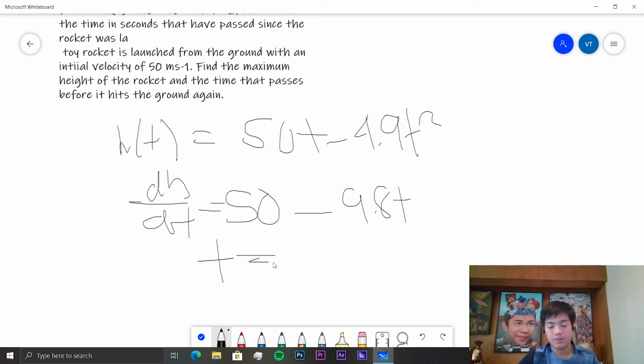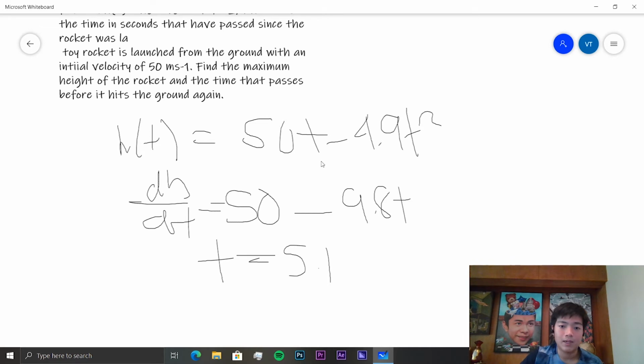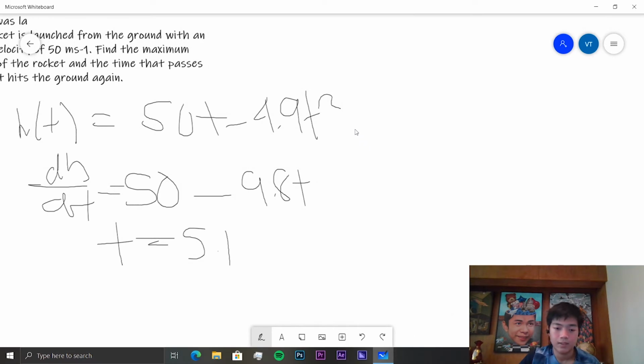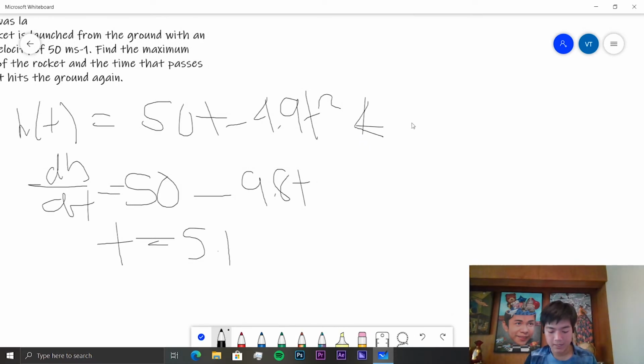So it will be at time 50 over 9.8, which is around 5.1 seconds. So the maximum height, if we substitute 5.1 into this other equation over here, is 50 times 5.1 minus 4.9 times 5.1 squared. So this is around 2 meters.